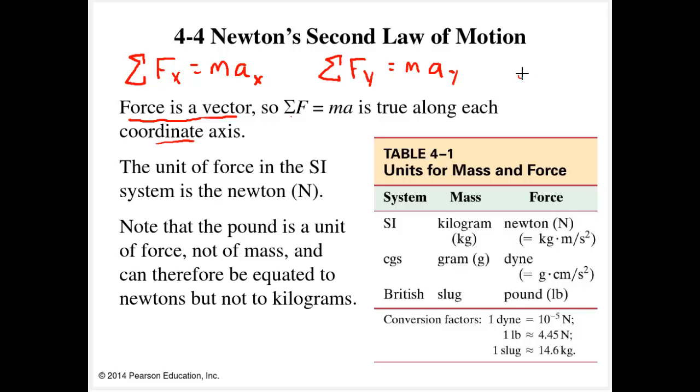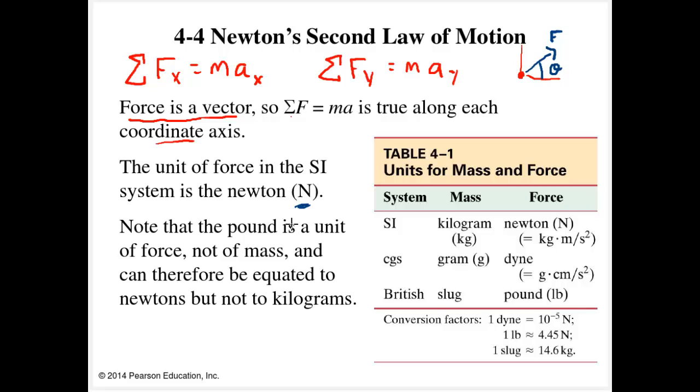And that's nice because I can take complicated problems where I have an xy system and a force going off at some angle, then I can break that into its components and solve Newton's second law of motion along each one of those coordinate axes.